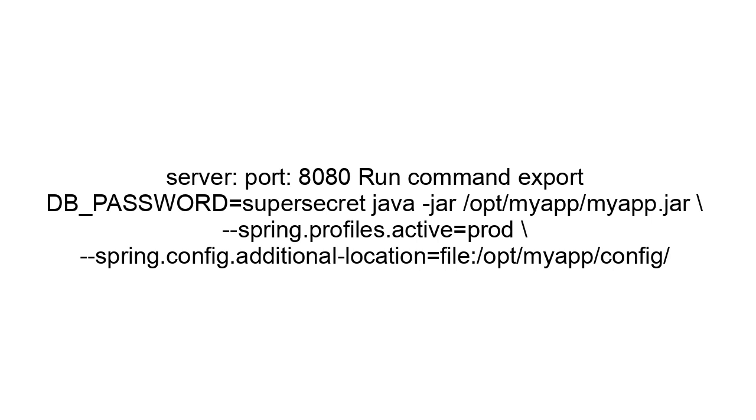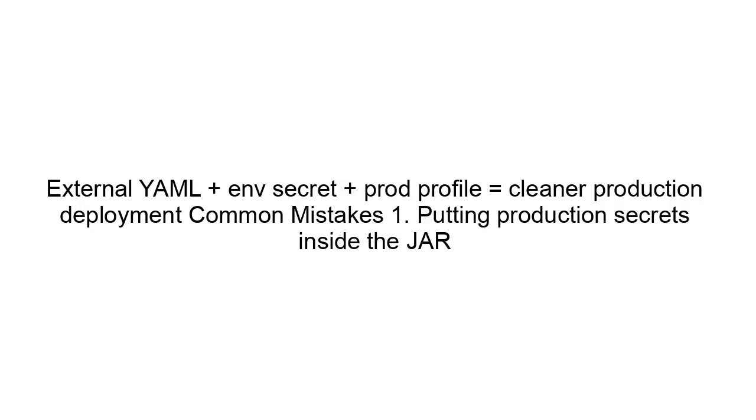Run command: export DB_PASSWORD=supersecret, then java -jar /opt/myapp/myapp.jar --spring.profiles.active=prod --spring.config.additional-location=file:/opt/myapp/config/. Spring Boot supports both external configuration files and environment variables for this kind of setup. Example concept: external YAML plus env secret plus prod profile equals cleaner production deployment.